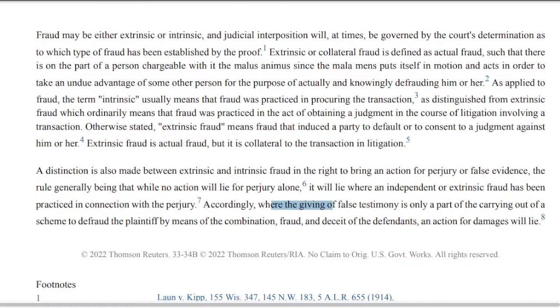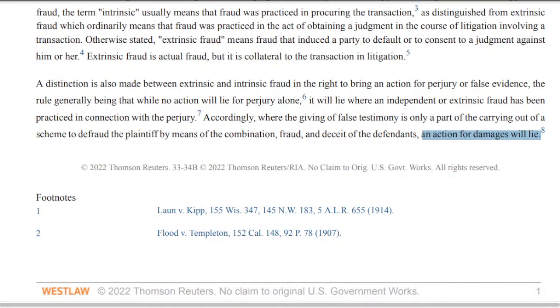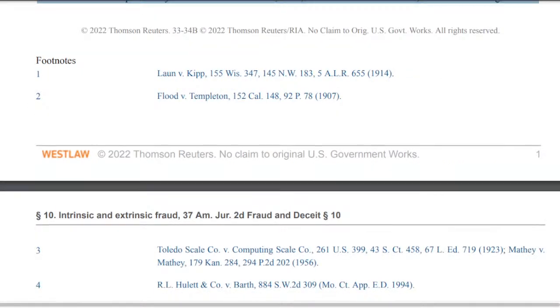Accordingly, where the giving of false testimony is only a part of the carrying out of a scheme to defraud the plaintiffs by means of a combination, fraud and deceit of the defendants, an action for damages will lie. So there it is.